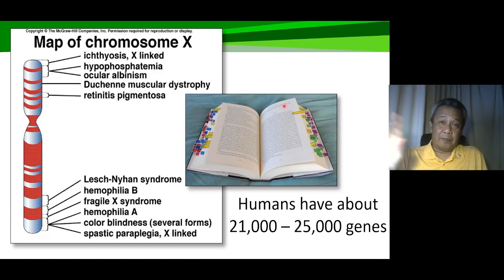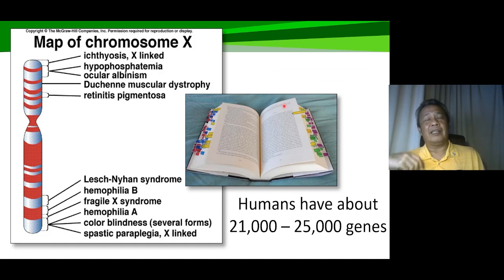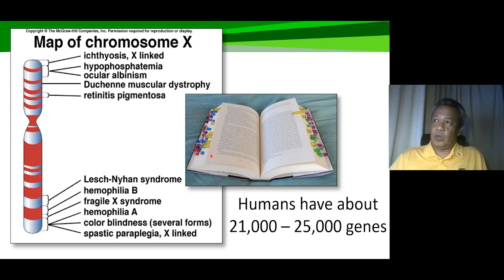So the end target of the Human Genome Project, again if it's like a book, is to be able to mark the book and say, okay, this chapter is here, this chapter is there.